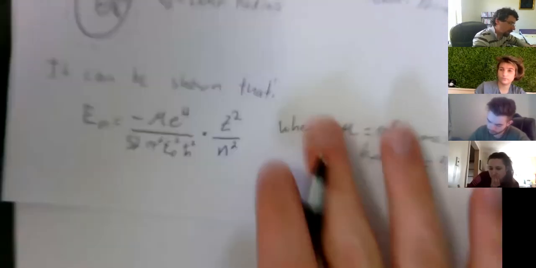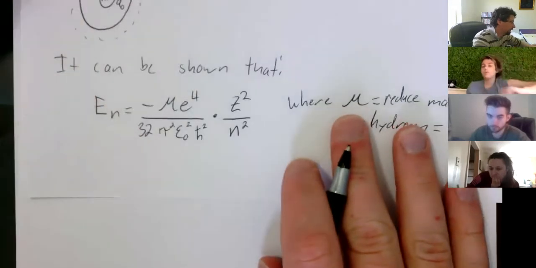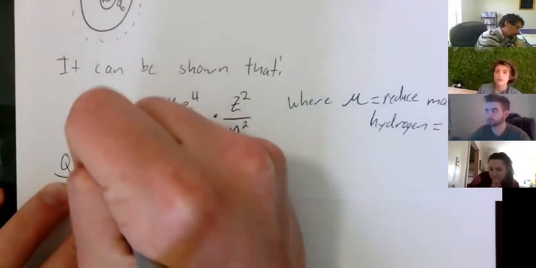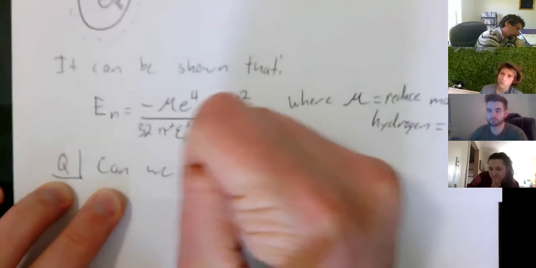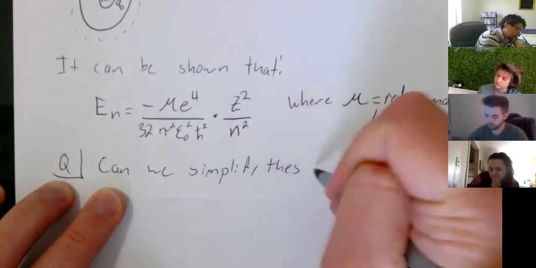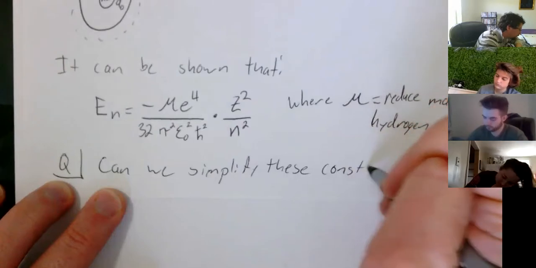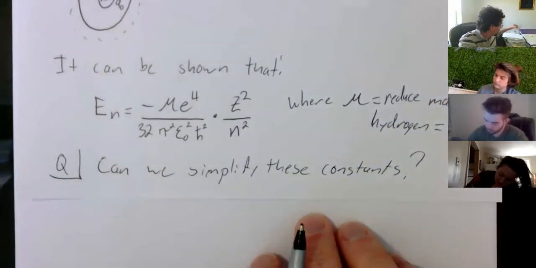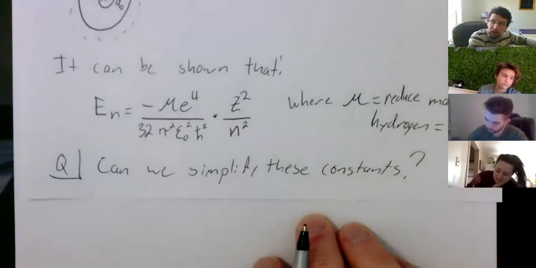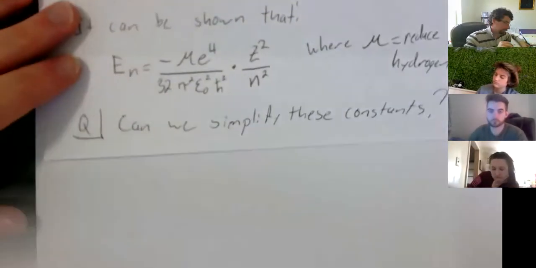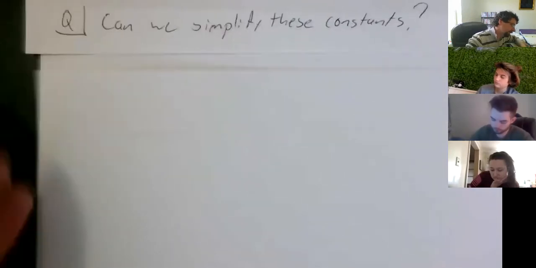Okay, so we're going to ask a question. Can we simplify any of these constants? And we're talking about a hydrogen atom. So what can we do?